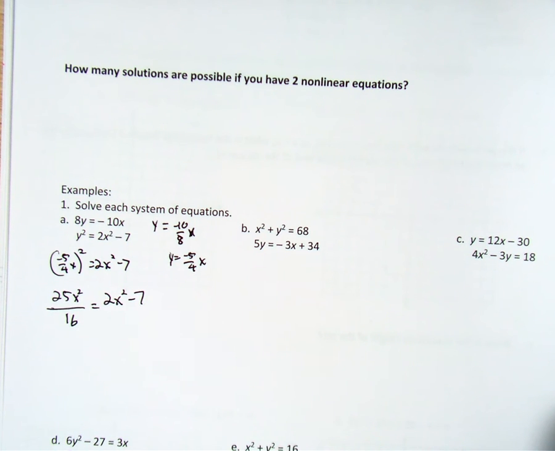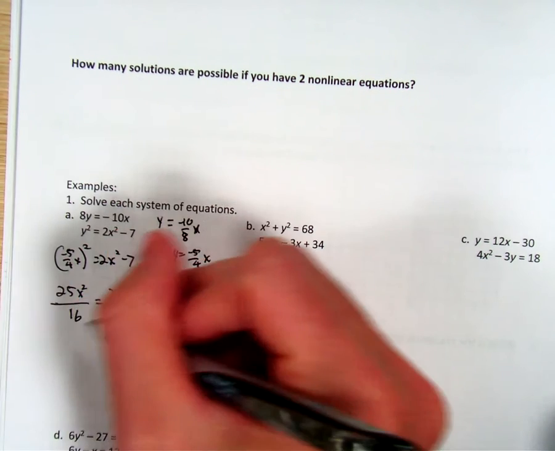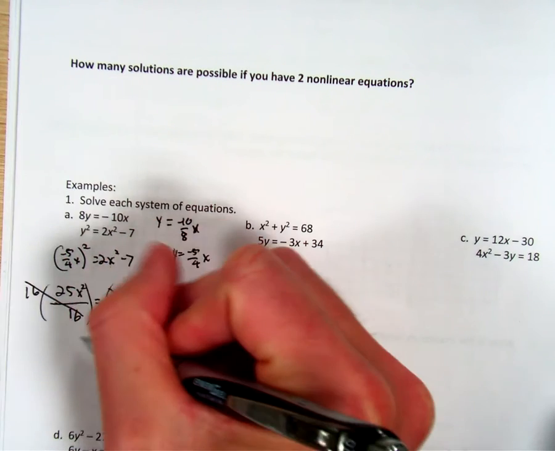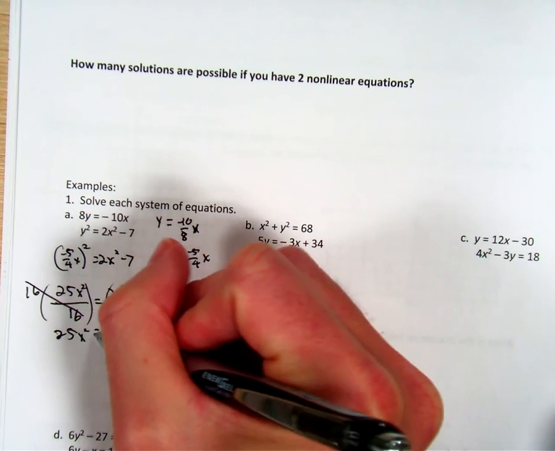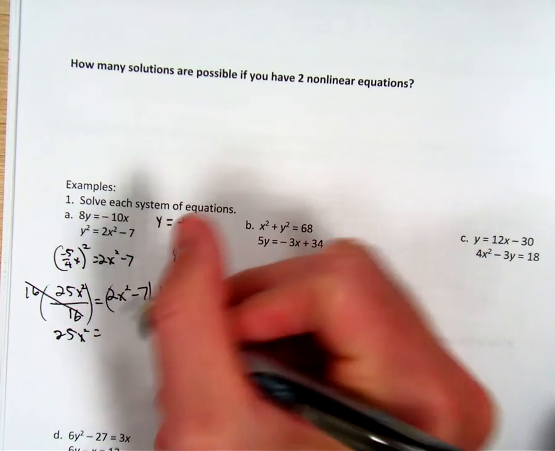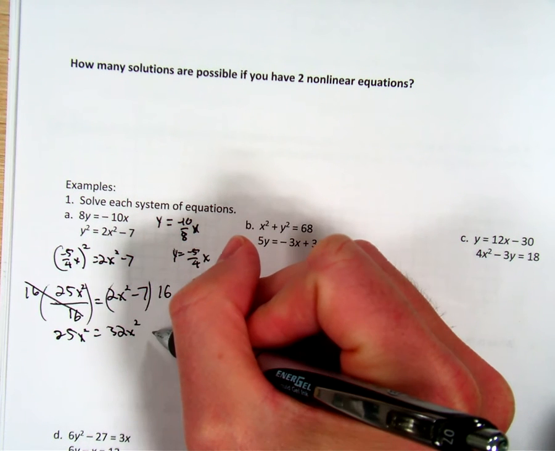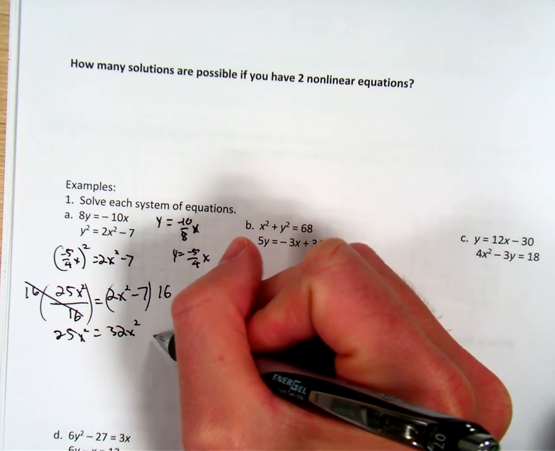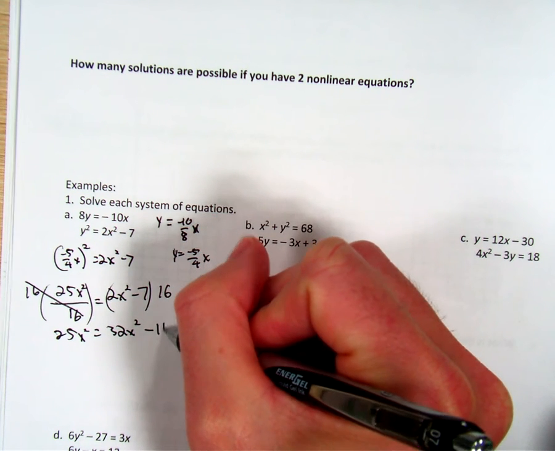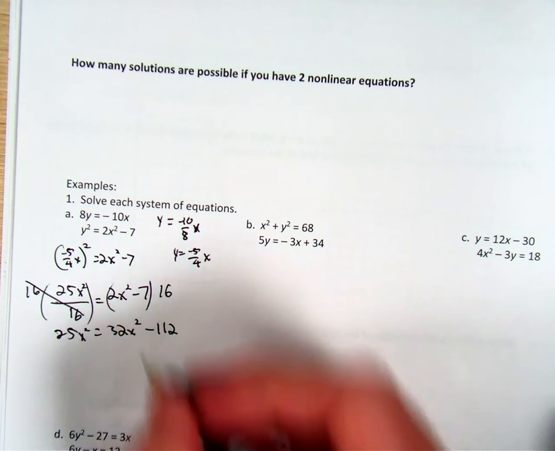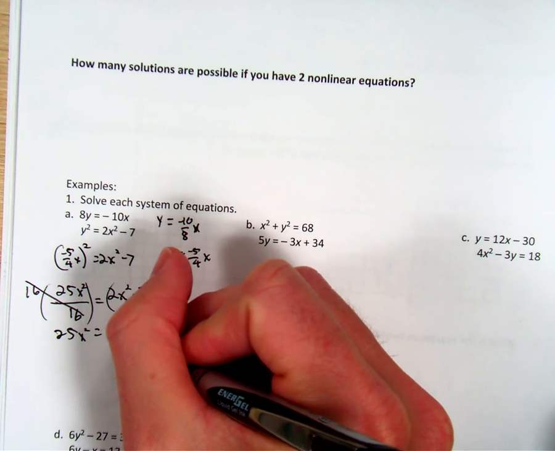Alright. Fractions are scary. How can I get rid of this fraction? We're going to multiply both sides by 16, by 16 over here as well. Subtract the 32x squared.